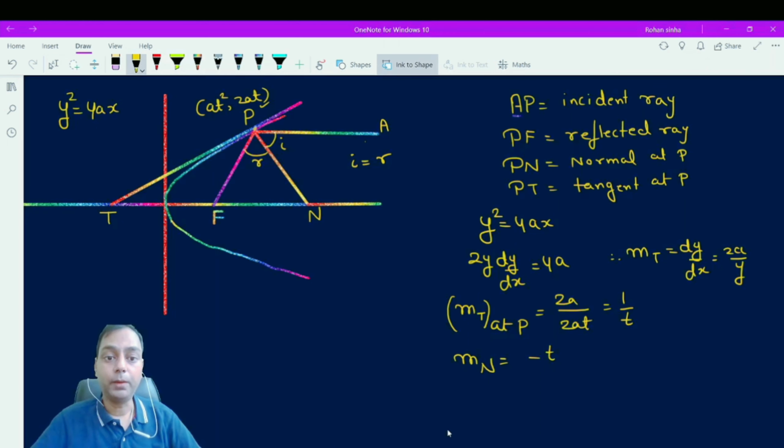So slope of normal, let this angle be theta. So what can we say? We can say that tan theta is equal to minus t. And what about theta? Theta is pi minus i, because this incident ray, it is given, is parallel to the axis of parabola. So this is incident ray.